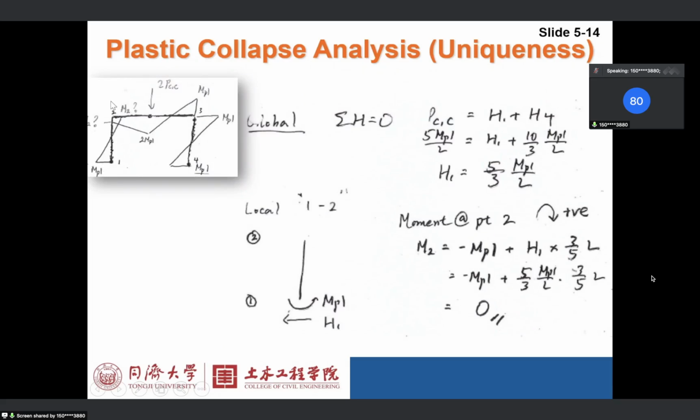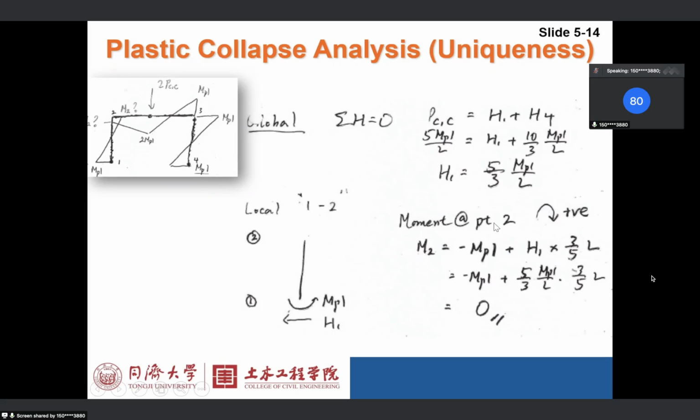So if we get H1, what will you do? You can just isolate member 1, 2. Here, you isolate member 1, 2. You have H1, which is this H1, and you have MPL, right? You also have some vertical or horizontal force here, and you have the unknown moment M2 here.